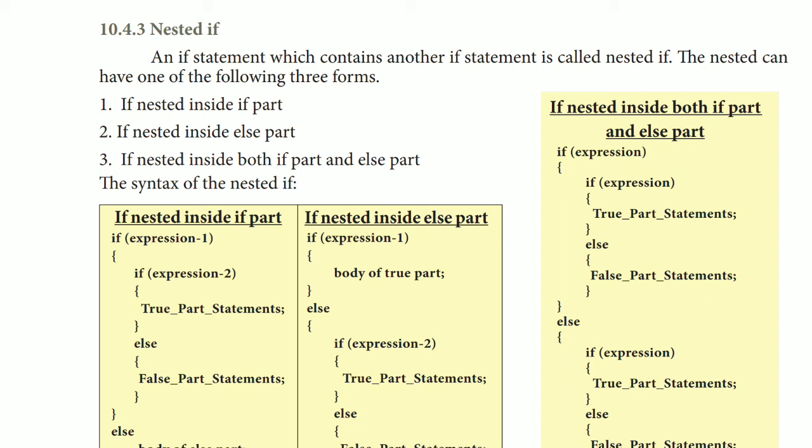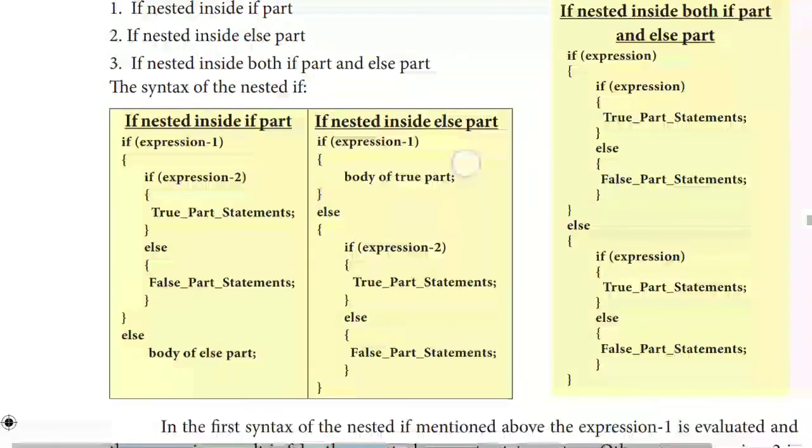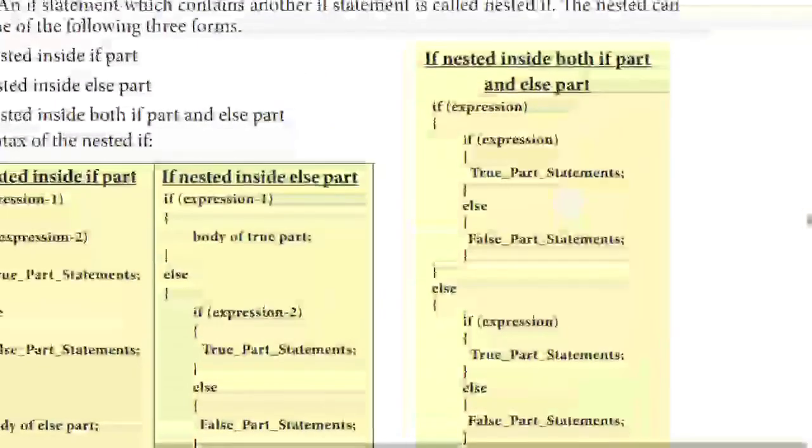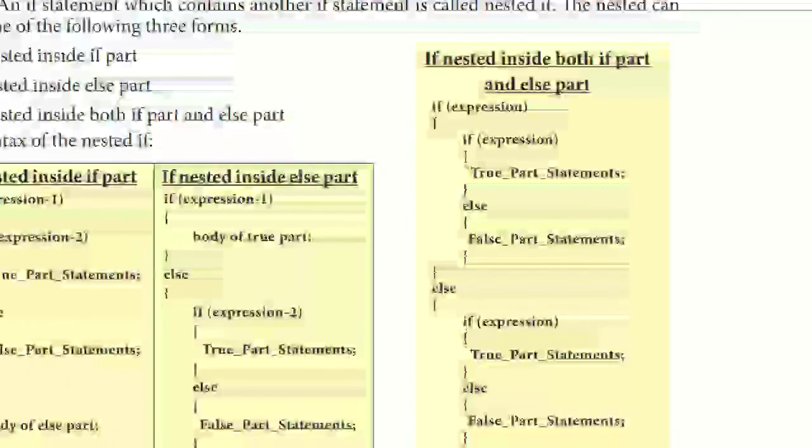There are three types of statements. The first is where the if statement is present inside the if part, the next is where the if statement is present in the else part, and the third is where the if statement is present in both the if part and the else part.